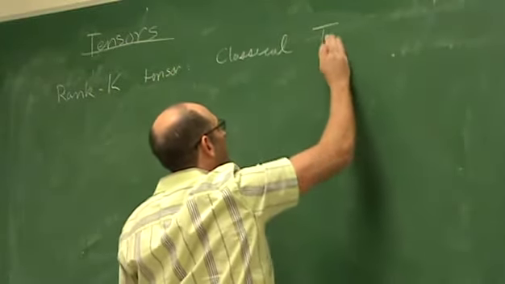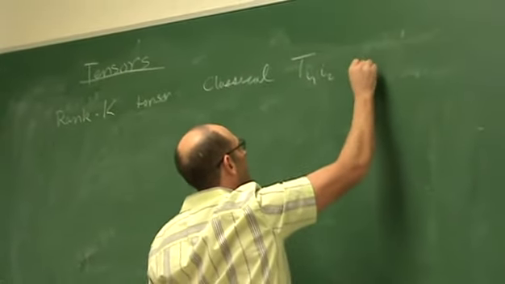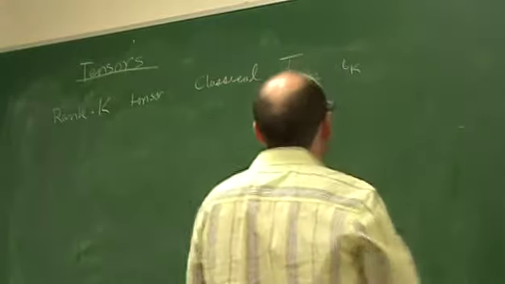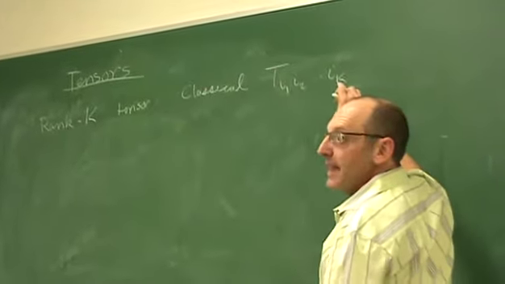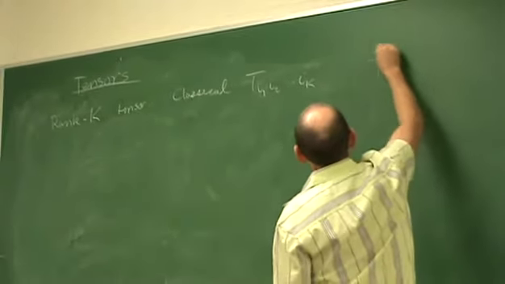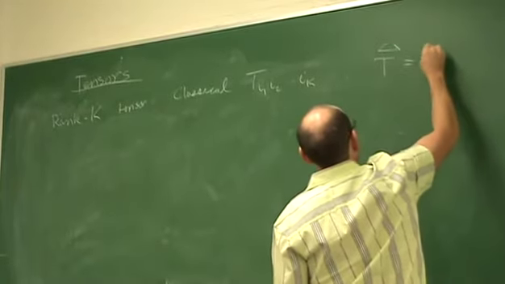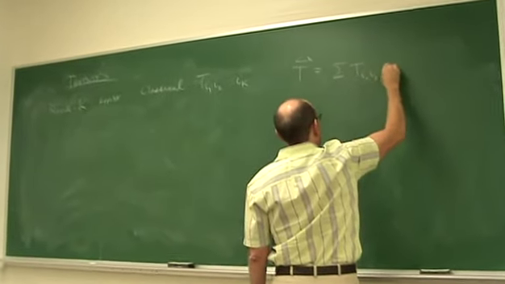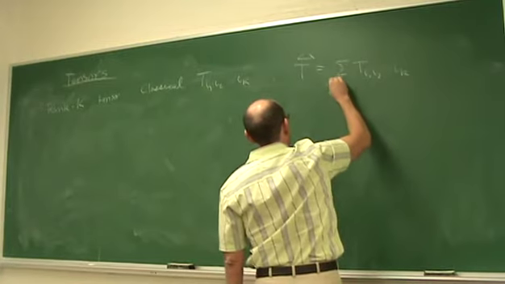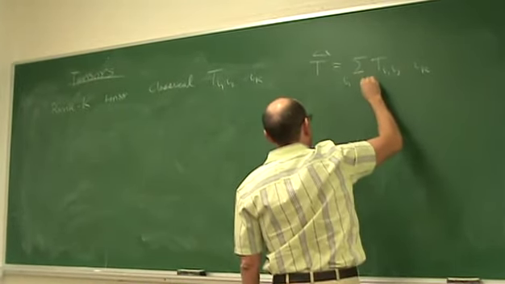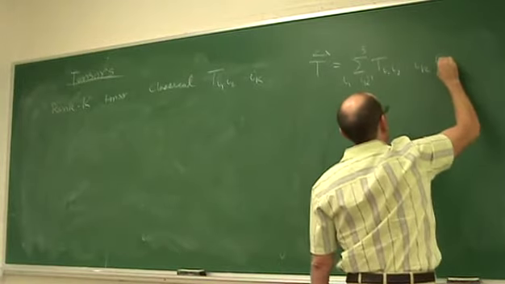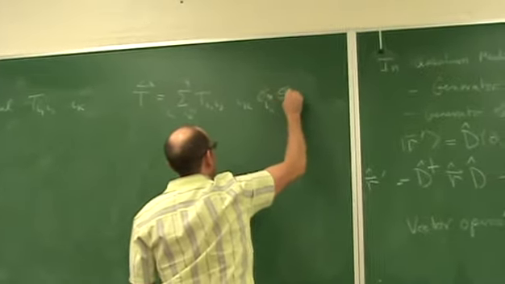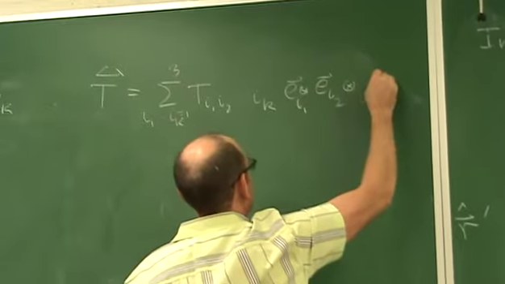I would think about index 1, index 2, index K. In the same way that I express this with respect to a basis, I can express this in a basis-independent way by summing all of these indices from 1 to 3, and then looking at outer products with all the basis vectors.